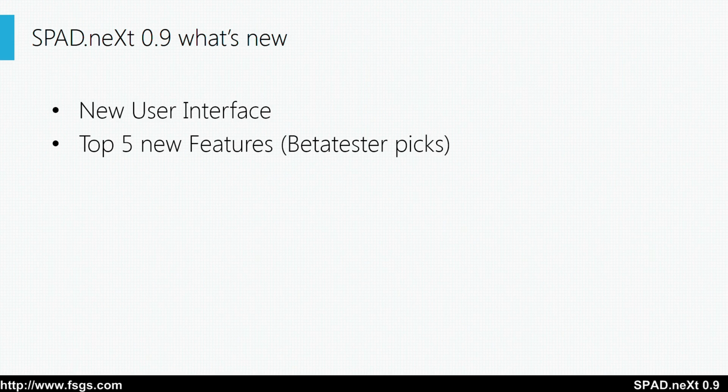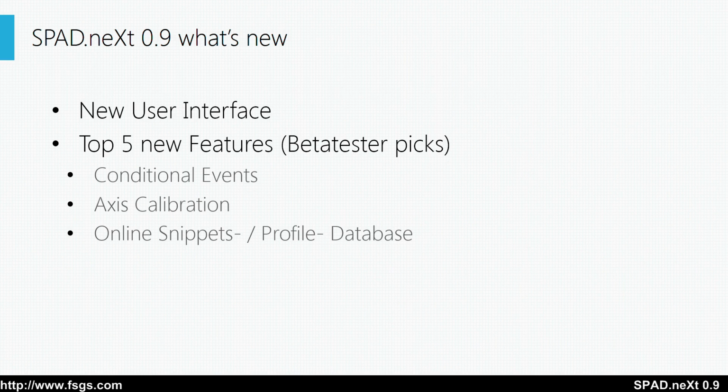Here are top 5 picks by the beta testers. With the conditional events, there will be an extra video about that. Then we have a new feature for axis calibration, where you can define the dead zones, prevent flickering of axes, and tune in how sensitive they shall be.